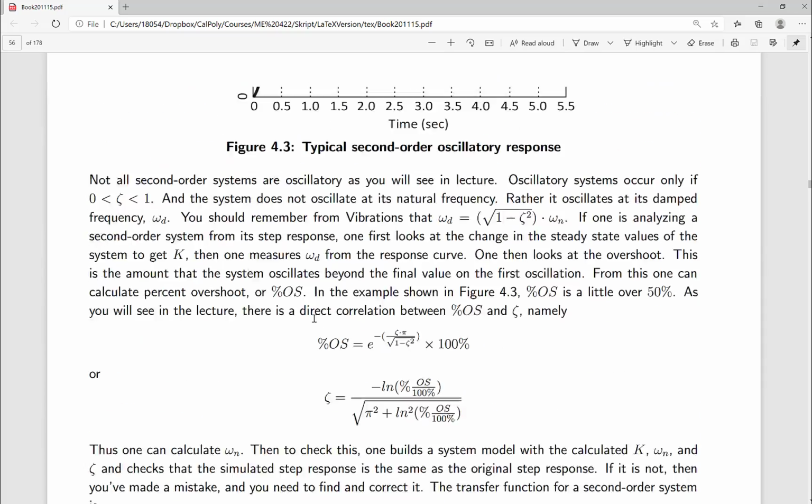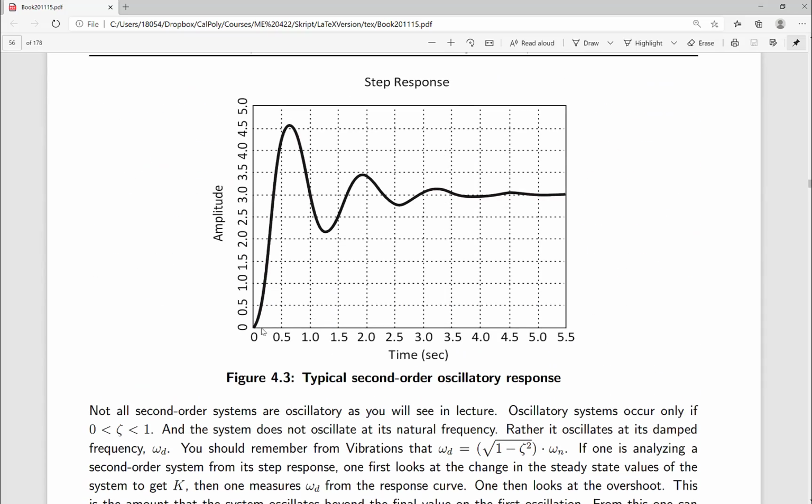And actually, if we go up and look at the second order response, this is the low point, this is the high point, and this is the low point again. So the period would be from here to here, going from one low point to the next low point, or from here to here, going from one high point to the next high point. So going from the low point to the high point is half of a period.